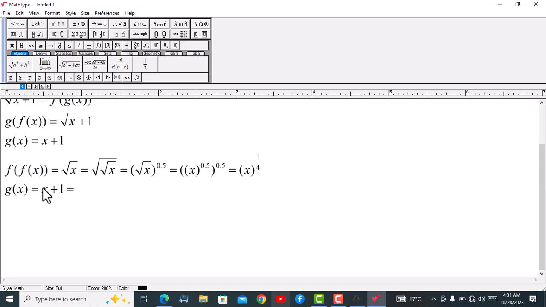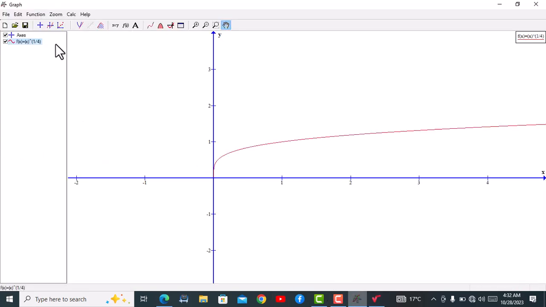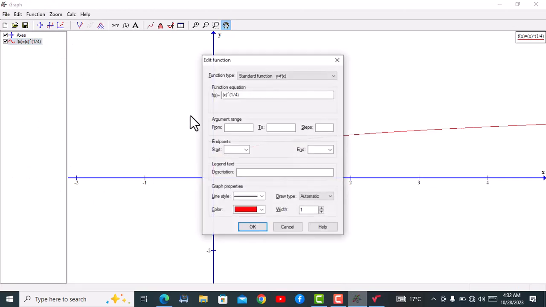Right, now I want to define g inside of g. So where I see x, I'll be writing x plus 1. So I see x and I'm writing x plus 1, but there's a plus 1 again, which will simplify to x plus 2. Sorry, because these are like terms.